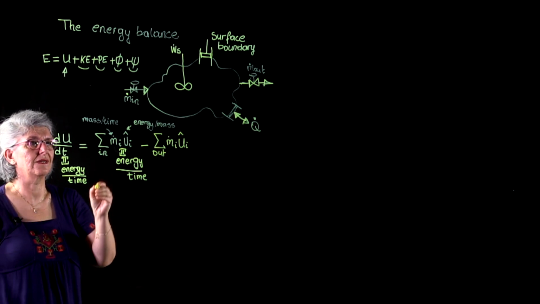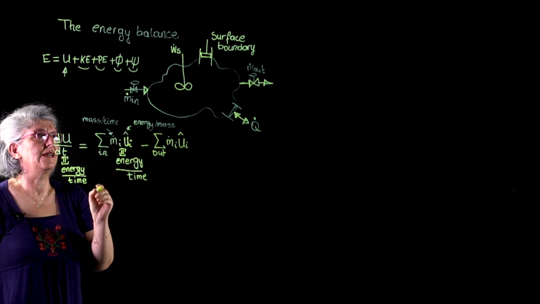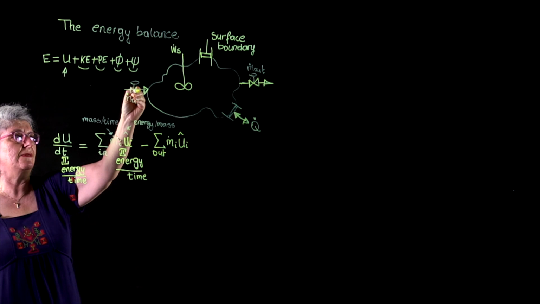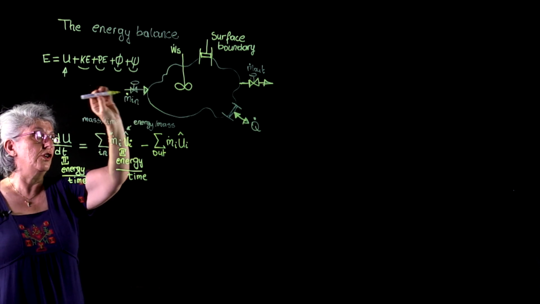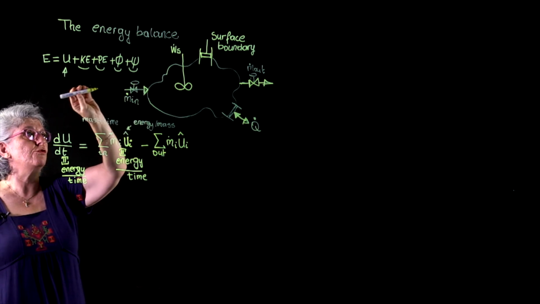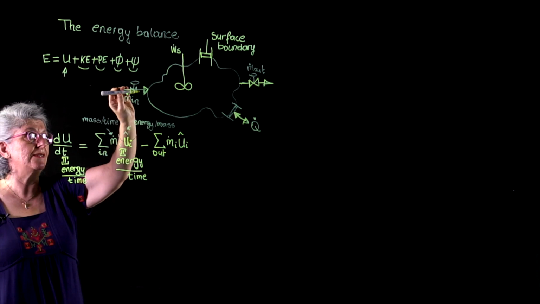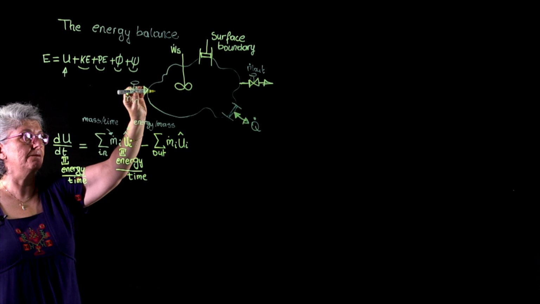This is not the only interaction that we have. Now, if this fluid element is going to be able to force itself through the system boundaries, it has to push the fluid element that is ahead of it. All right?